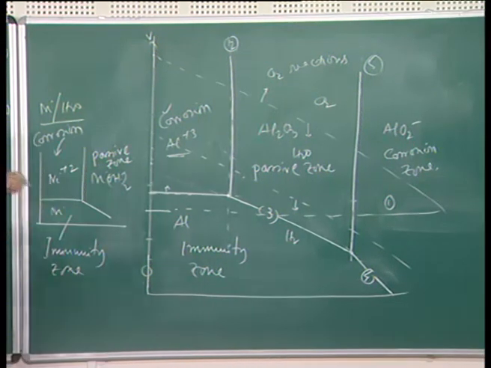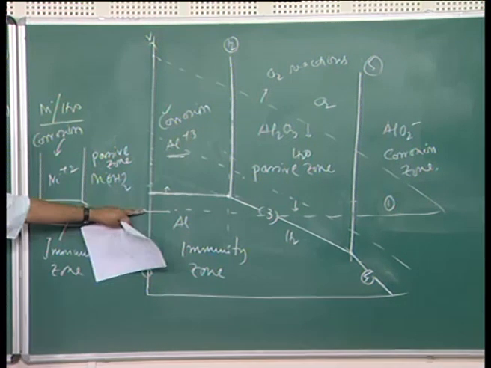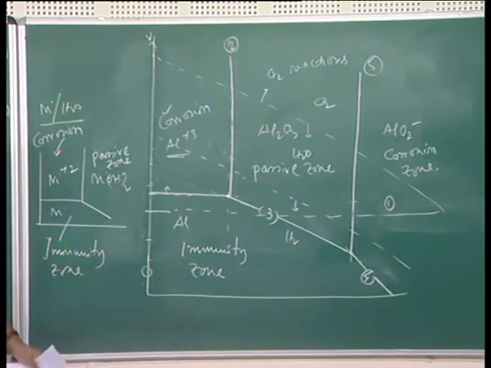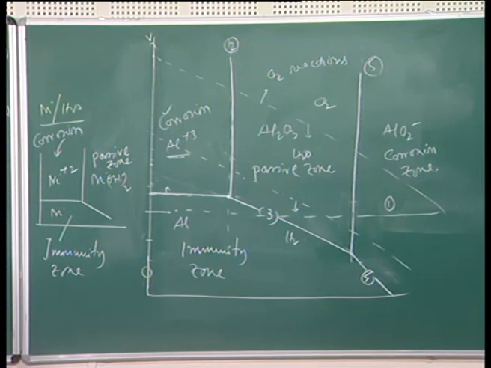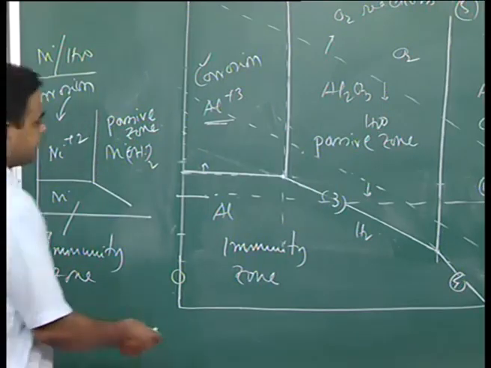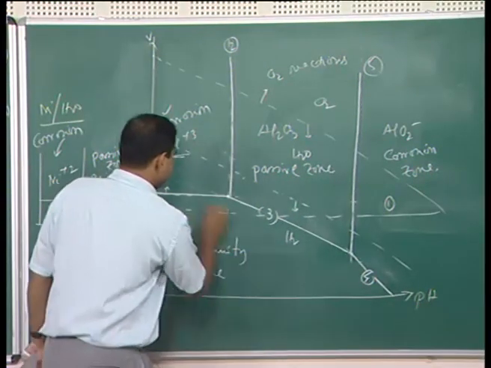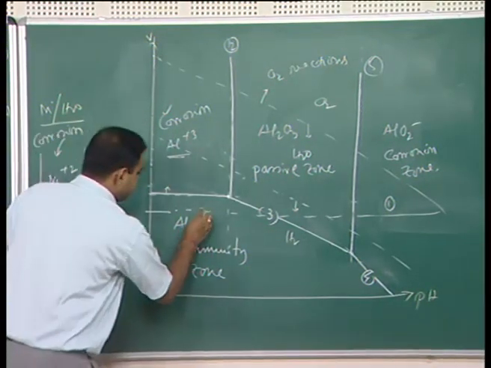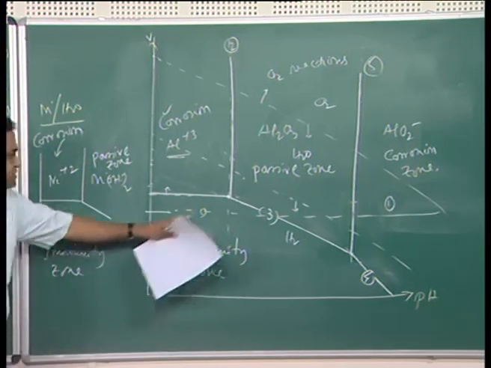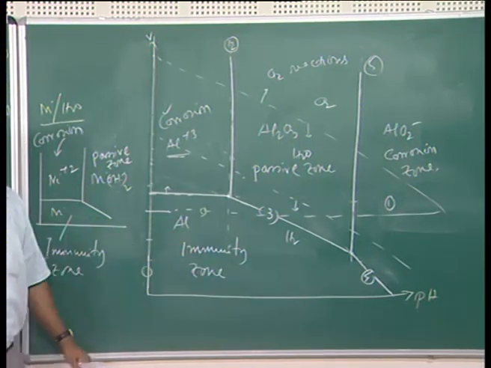I can maintain the potential of an aluminum rod dipped in H2O at this value. Now gradually I increase the pH value of the solution. If I am at this position, I have immunity.